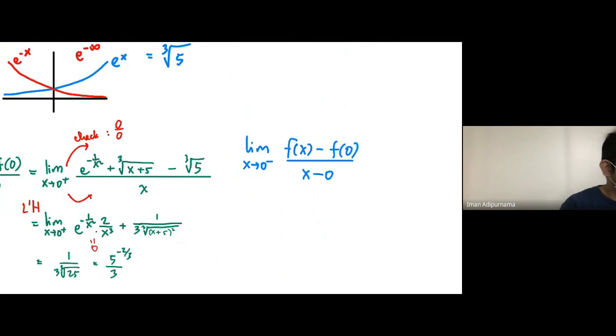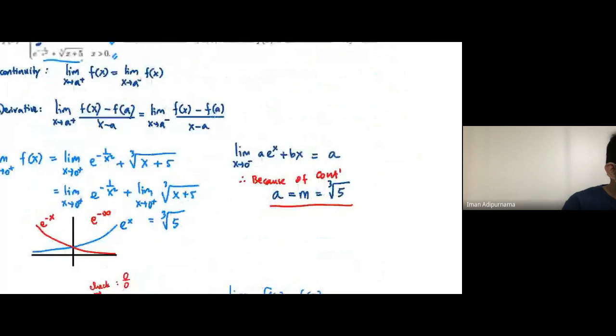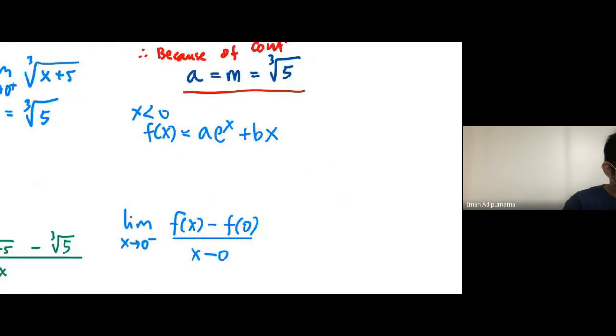Now, because we have to find the b, let me write the equation first, so it doesn't confuse you. When x is less than 0, f of x is the cube root of 5 plus bx.